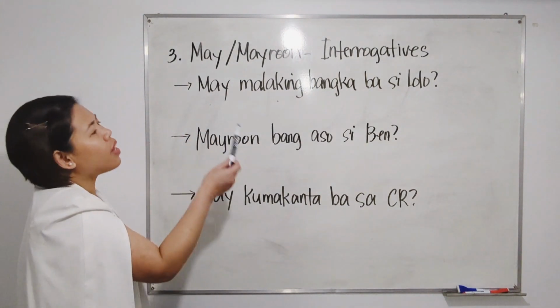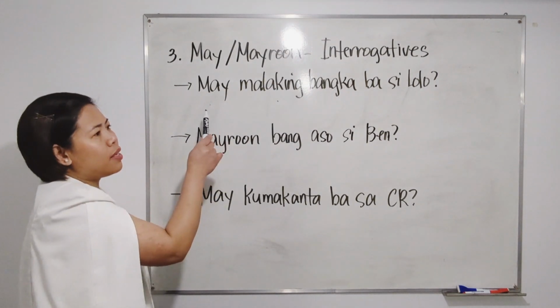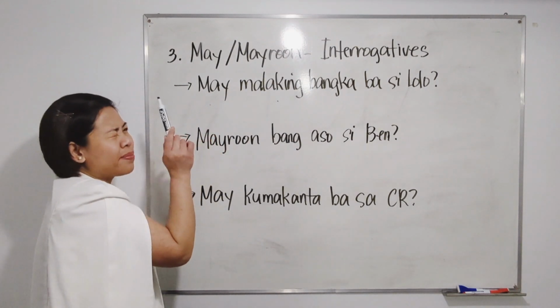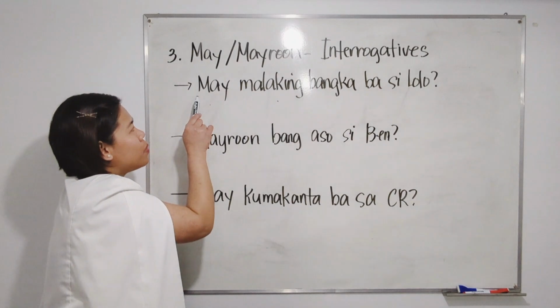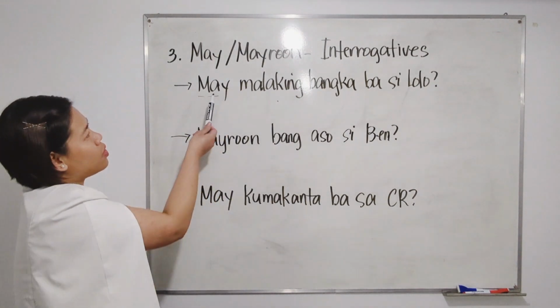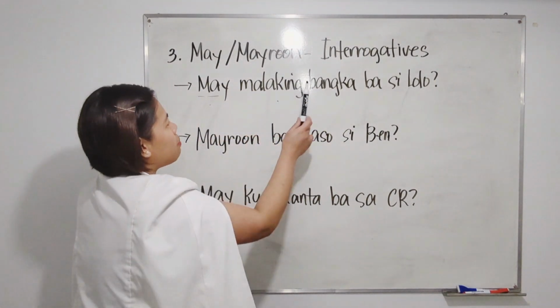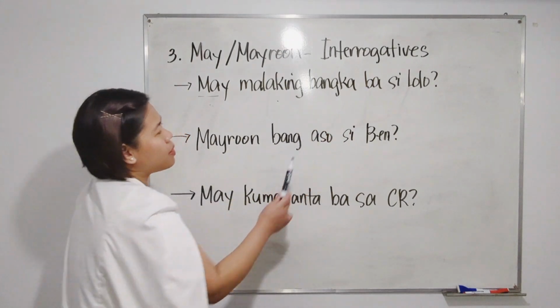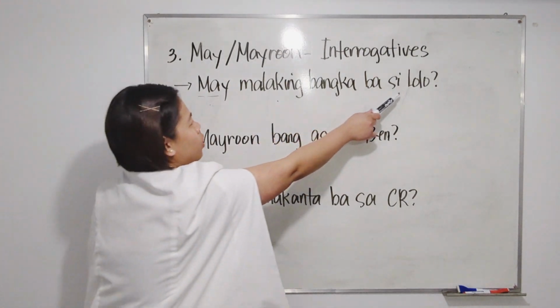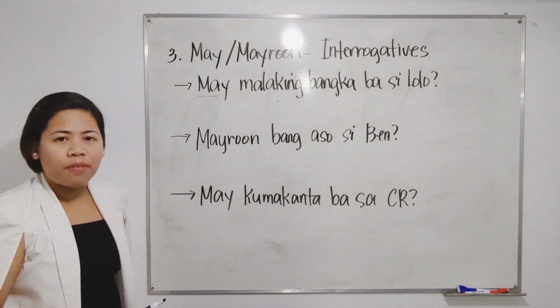The word does does not have an equivalent in Tagalog because we already use my. It's already a question, so it could be has, have, or there is. So, may malaking bangka ba si Lolo? In English, does Lolo have a big boat?